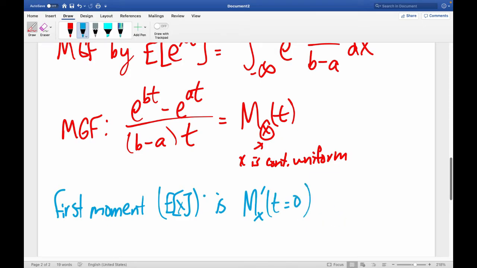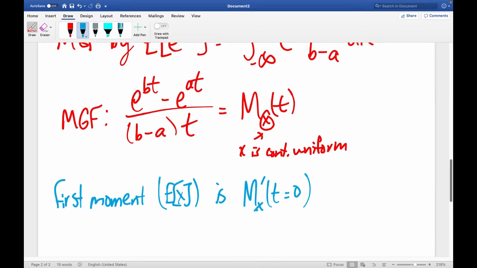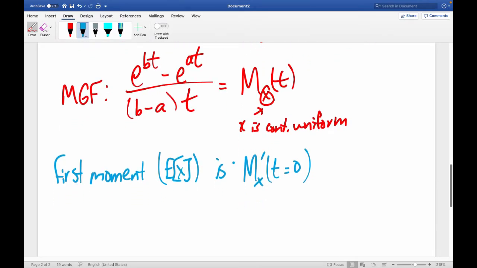But the problem is, if you take the derivative of this function straight up, you might see a quotient rule here, and that's going to cause a t squared to be on the bottom. When you plug in t equals 0, you're going to get a problem. So how can we be a little more clever in finding the first moment? That is my question to you all.